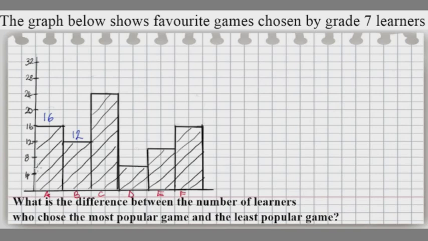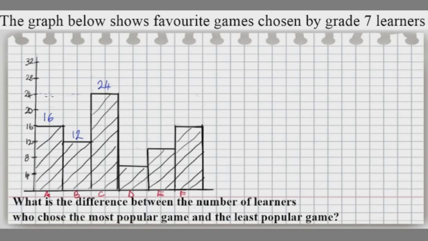Just read from the vertical axis, which is our y-axis, the number corresponding to the top of each of the bars. So the third game was preferred by 24 learners, and this has been obtained by identifying the corresponding number from the y-axis.